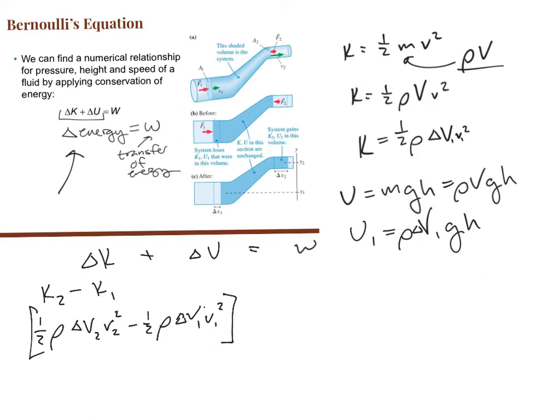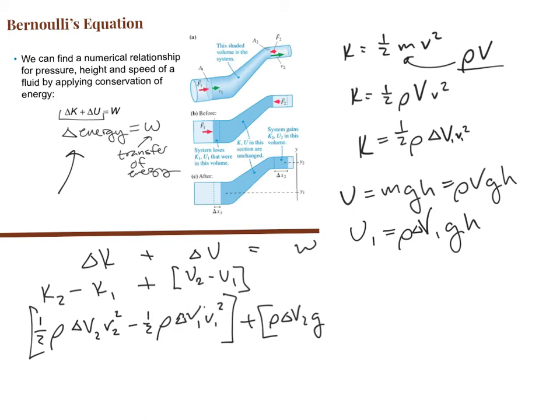Now let's do the same with our potential energy term here. It's potential energy for 2 minus potential energy for 1. So that's going to be potential energy at 2 is rho delta V2 g h, which I'm going to change to be y.